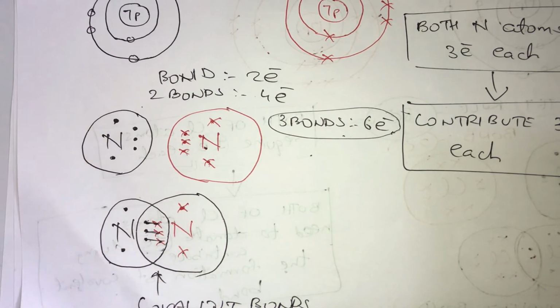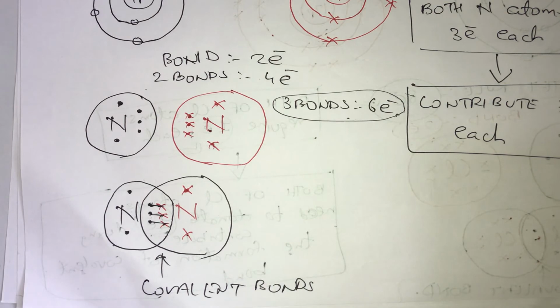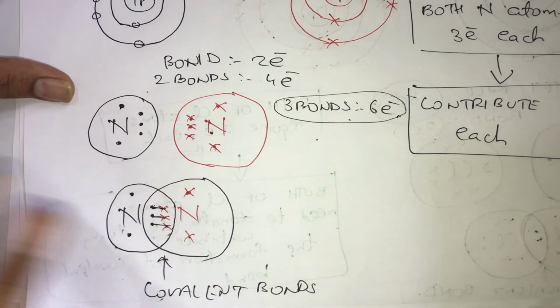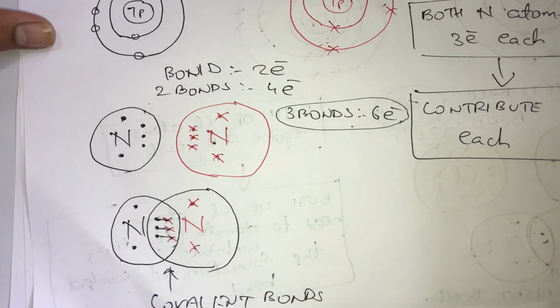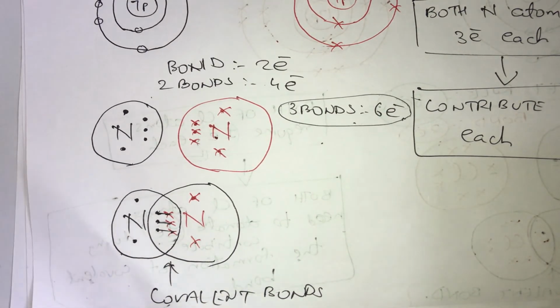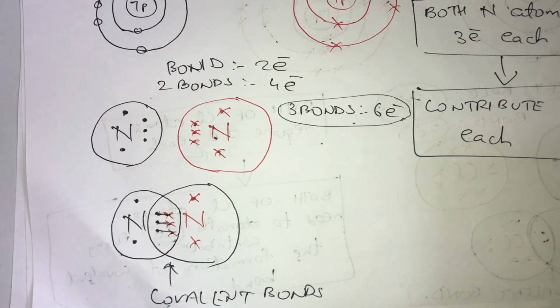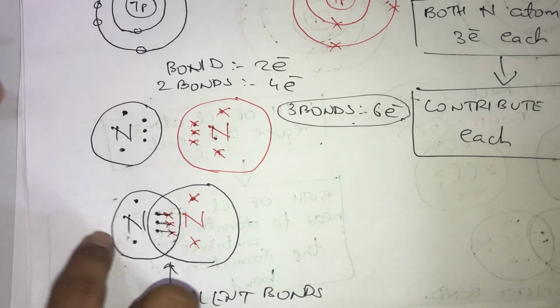So guys, I know that you are smart enough and you have surely understood the meaning of a covalent bond. The basic definition is that there is a sharing of a pair of electrons between two atoms, and because of the sharing of pairs of electrons there is a covalent bond formed between two atoms.